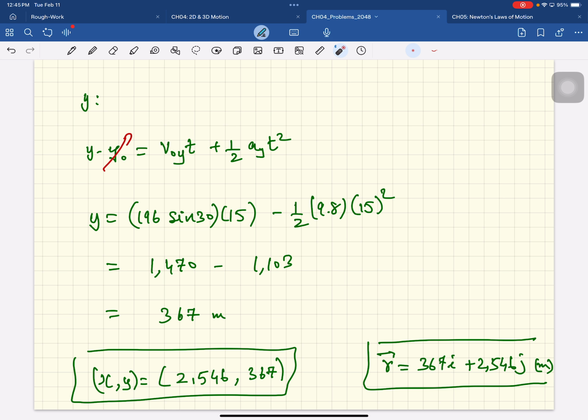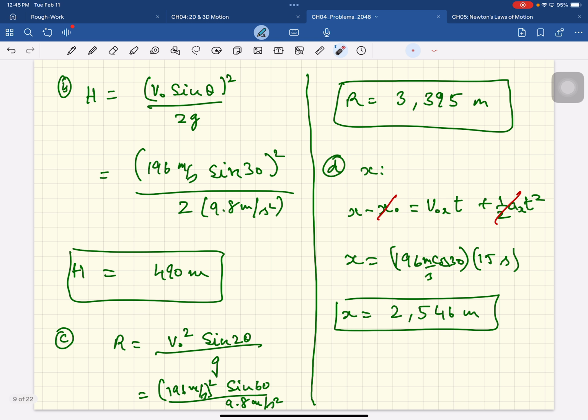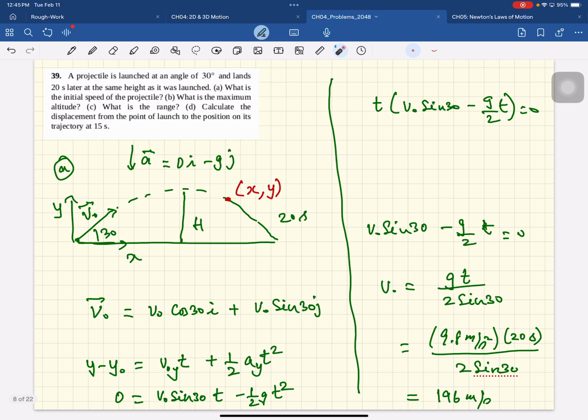Could you go back to the calculation for x? Which one? For x. All right, you'll see many problems like this. What you want to do is set up your axes and your initial position, so the initial position is 0, 0.